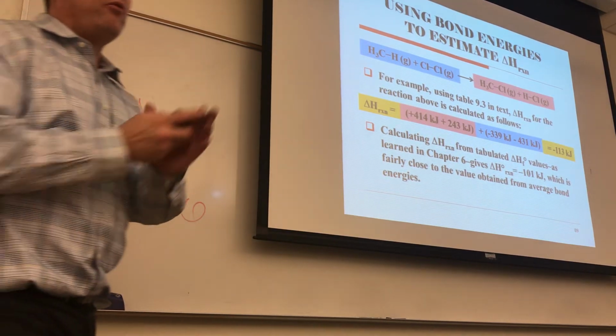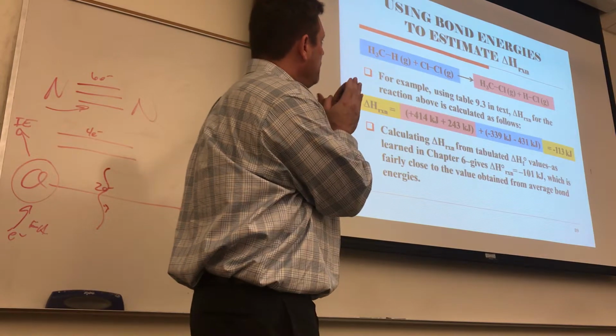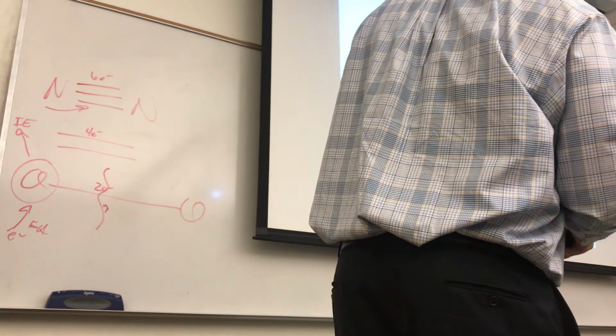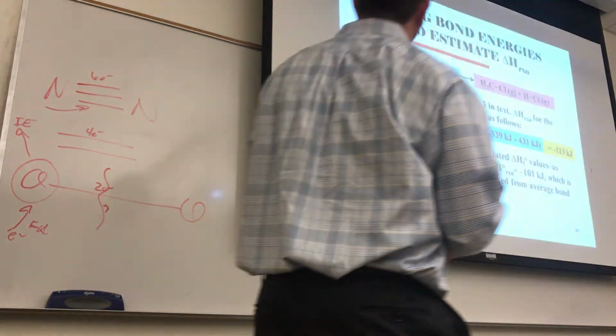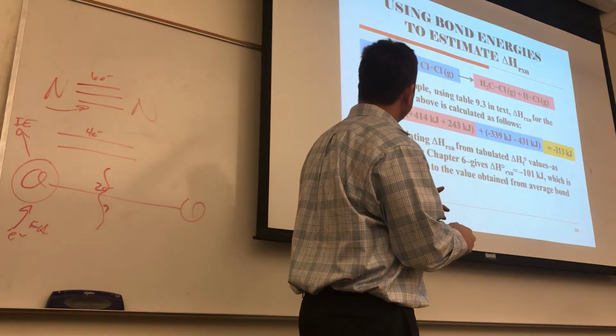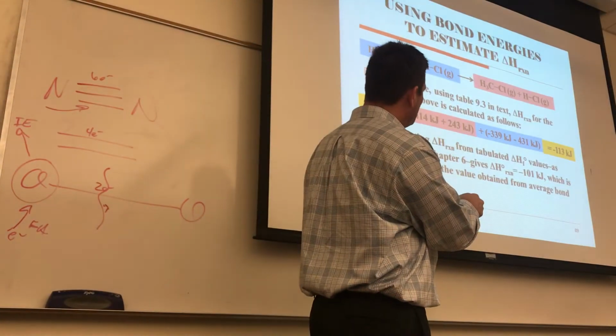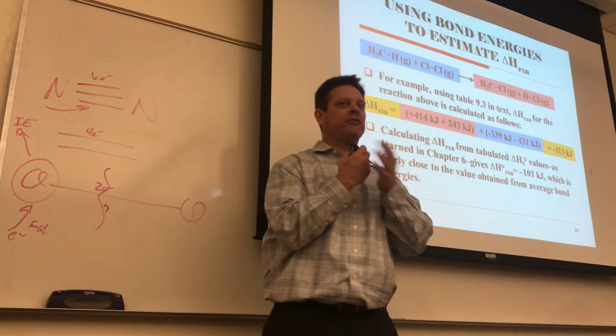One thing I want to point out that this doesn't do, which makes it a bad example. Let me see what comes next. No good. Hopefully we have another example. The reason I say this is because if you had two of these being broken, then you have to multiply that by 2. That's not represented here.